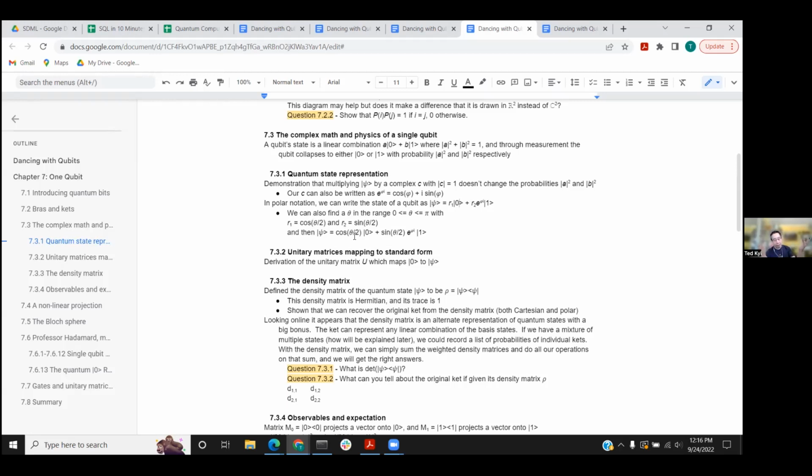I don't know why they do the half thing, but theta over 2 is between 0 and pi over 2, between 0 and 90 degrees. So this is a positive real number. Sorry, this is a sine. So this is a real number, but it could be either sine times e to the phi i.